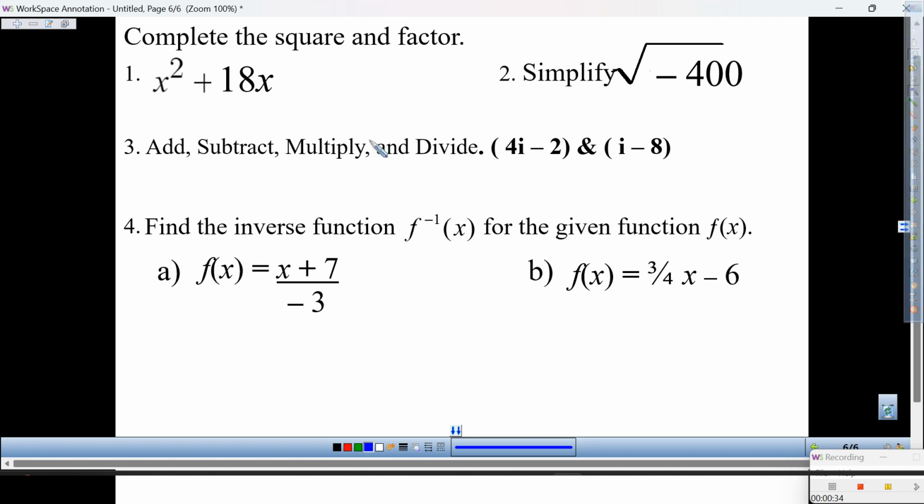We good? All right, get us started, please. Emily P., complete the square for number 1, please. Plus 81. Hands if you got that.